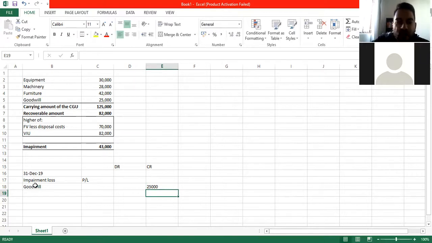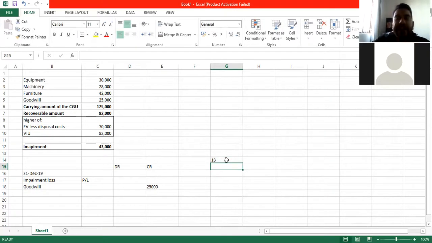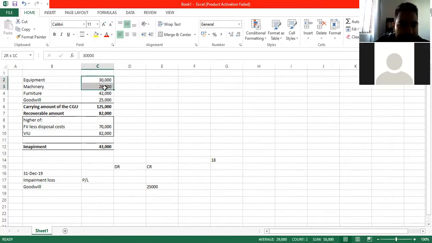So what is left over? 43 minus 25 is 18,000. That 18,000 we will split between these three assets.